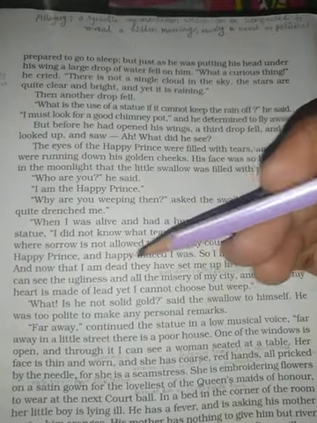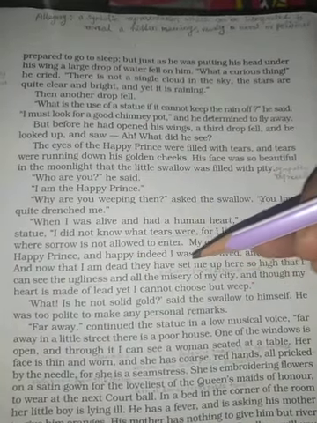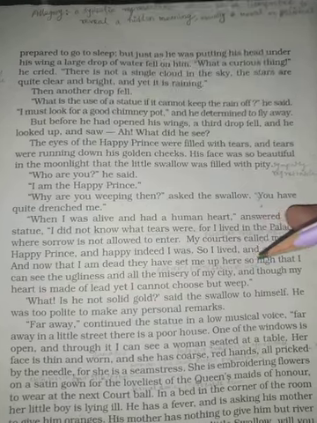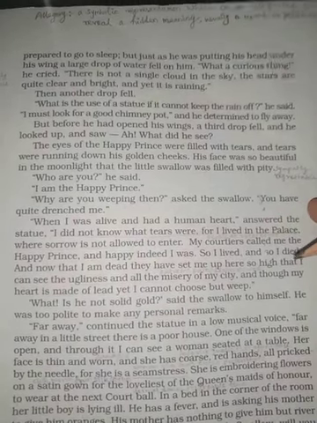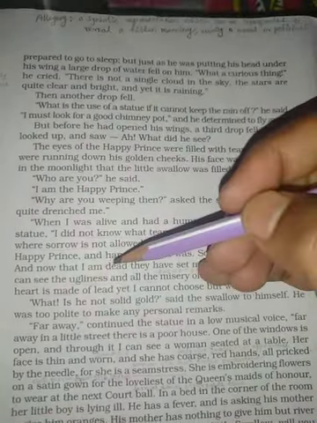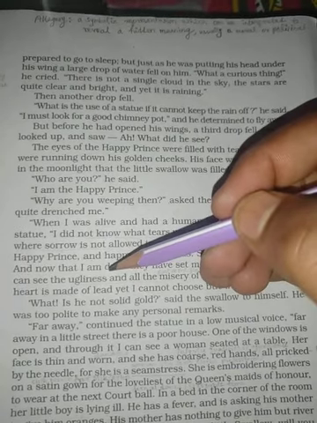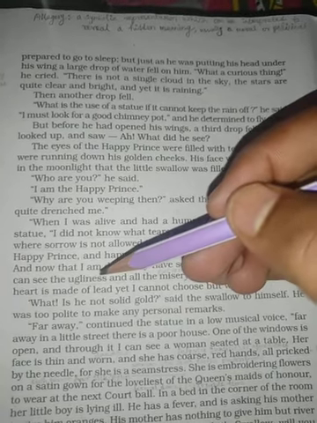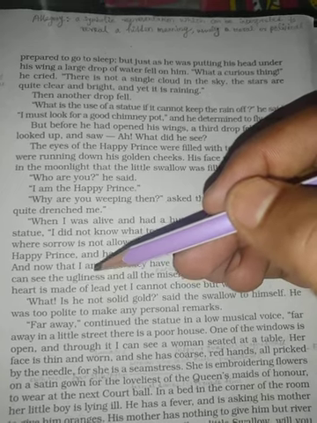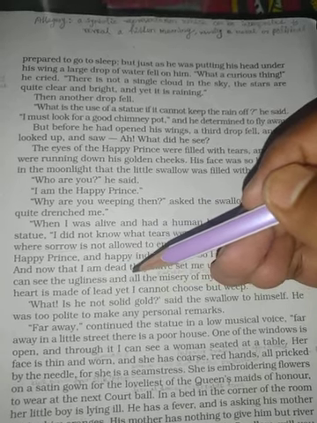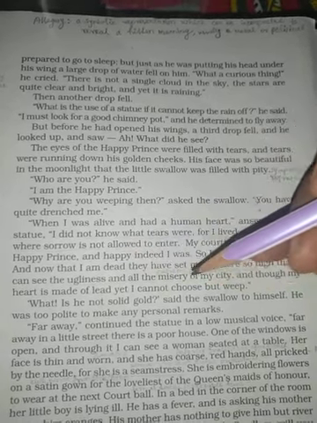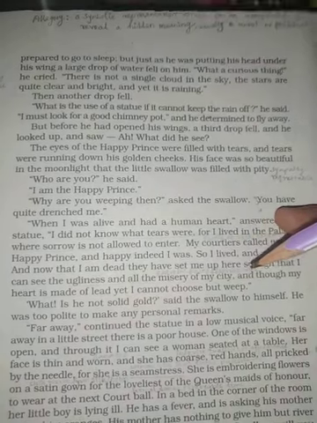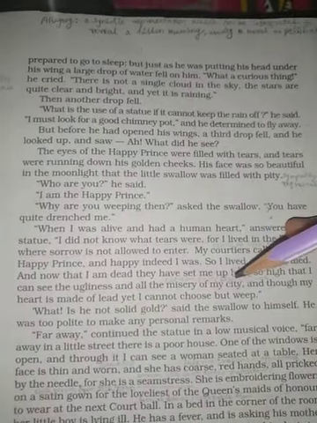And now that I am dead, they have set me up here so high that I can see the ugliness, not beautiful things, ugliness just opposite to beauty, and all the misery of my city, all the pain and suffering.